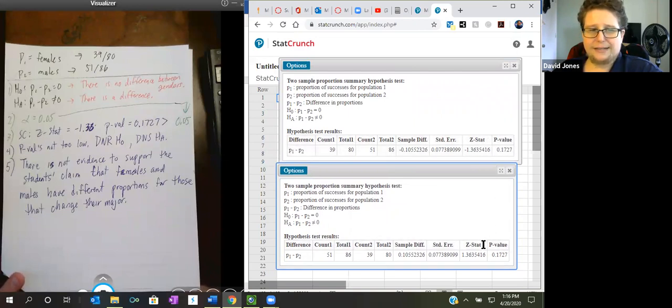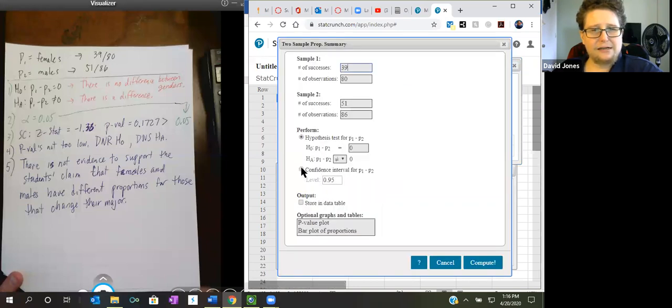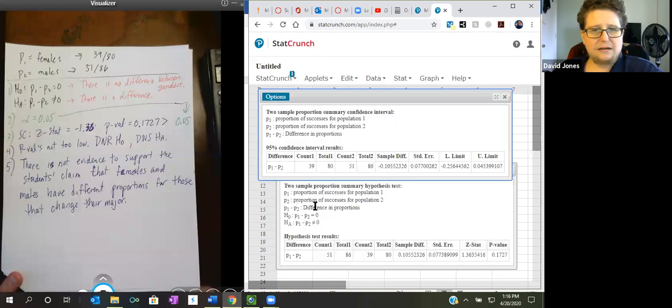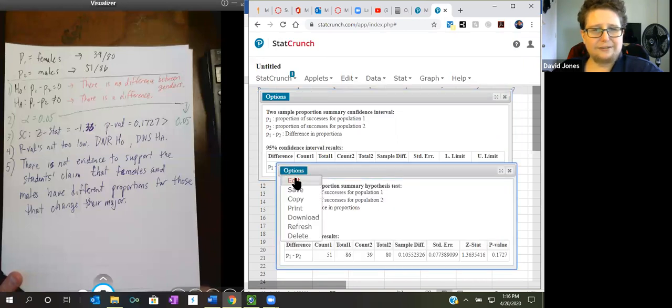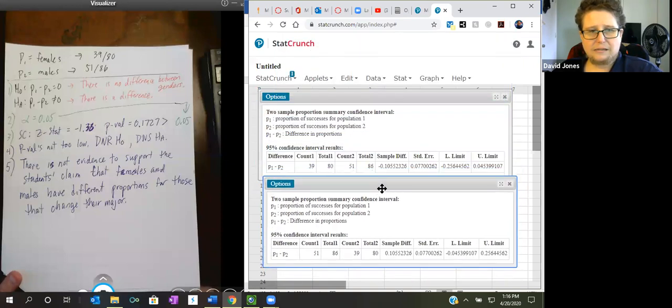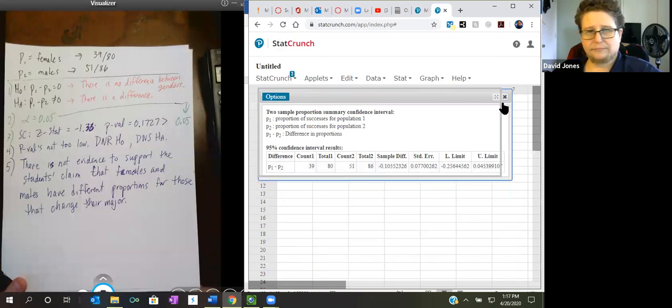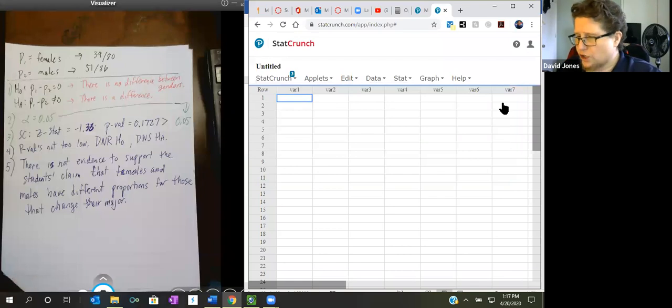The p-value is the same. Okay? Both of them, if we go to a confidence interval, should get the same confidence interval. Kind of different. Oh, the numbers just switch order. In both cases, 0 is between the lower limit and upper limit. So that's the idea there.